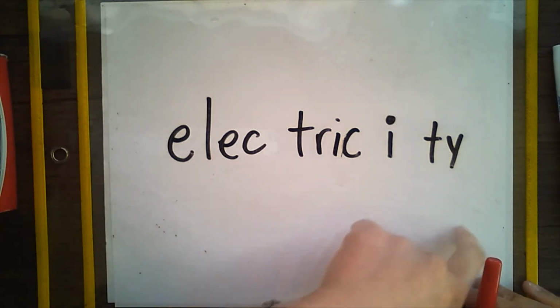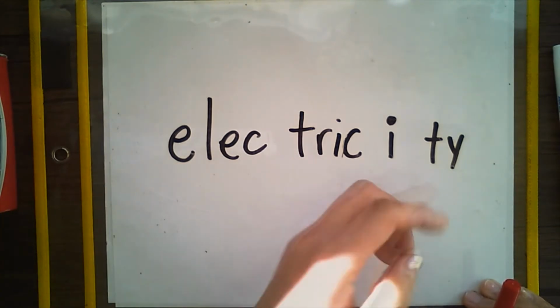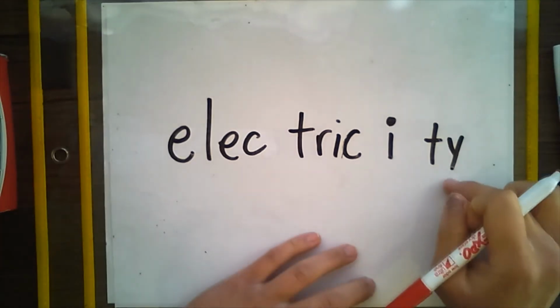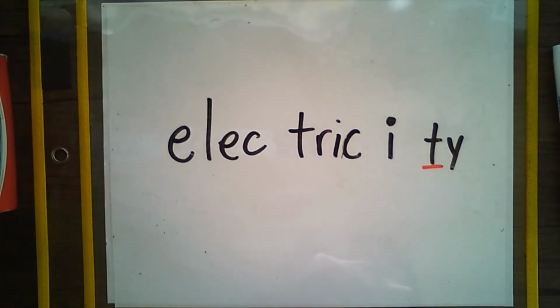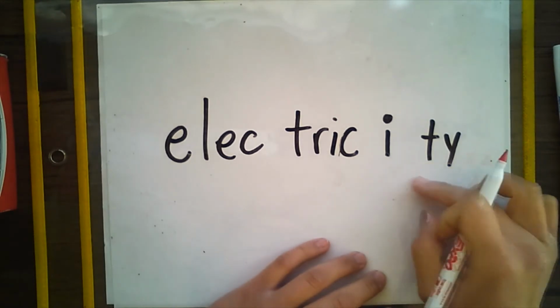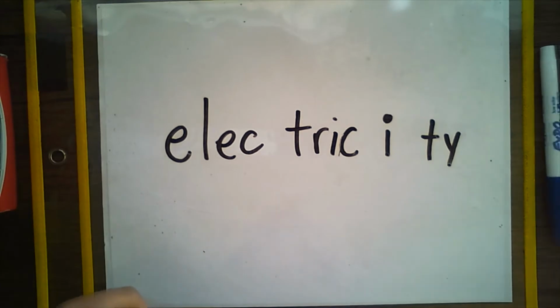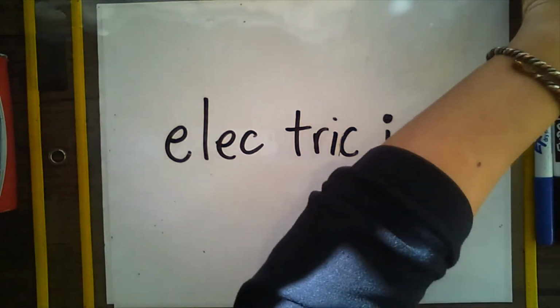So again, the word is electricity, and we understand that the I here is going to be a short I. And you'll also notice that we have an E sound with the Y. When you have a consonant before it, it's going to be a long E sound. And it has way more than one syllable. Let's go ahead and finish up our last one.